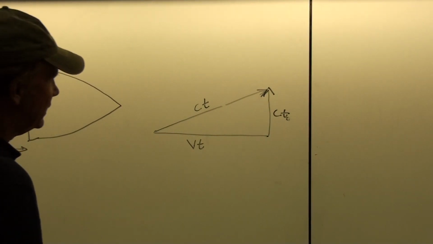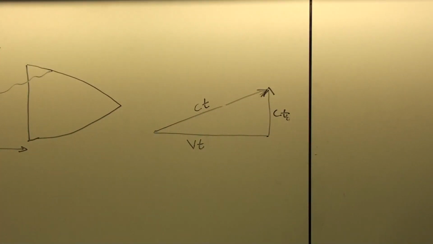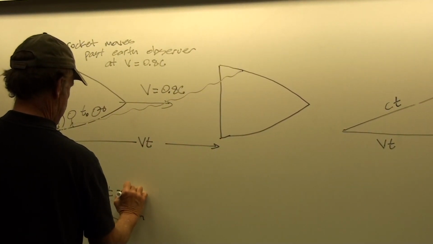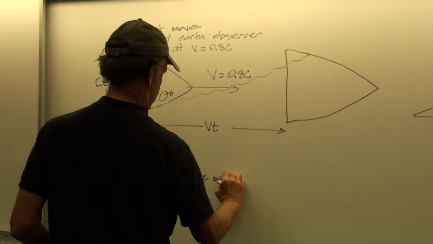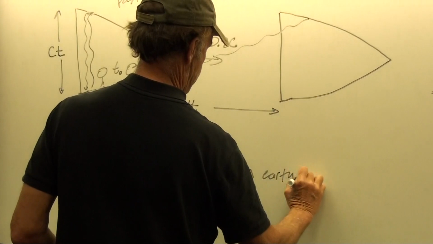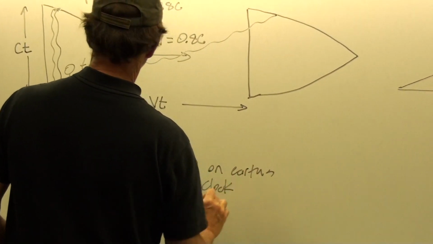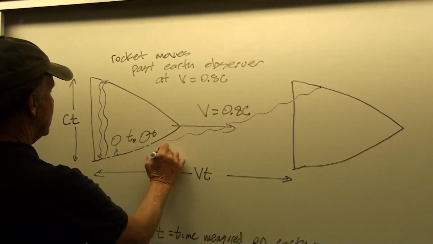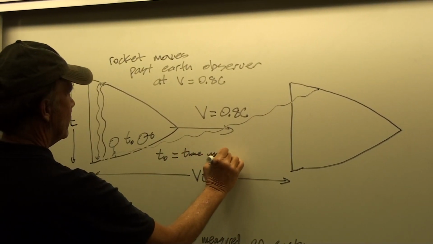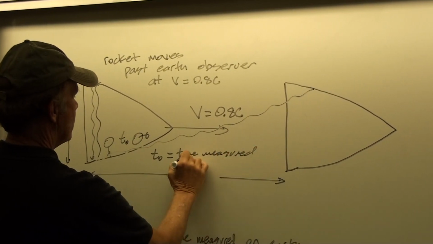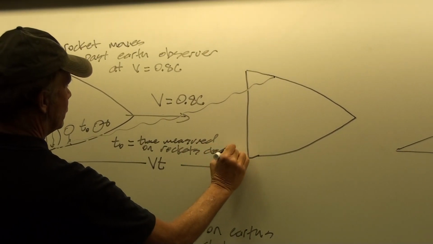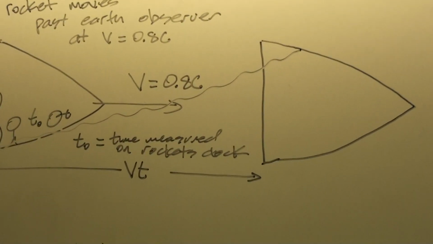So if we call t here the time measured on the Earth's clock, and t naught the time measured on the rocket's clock, then they can't be equal.